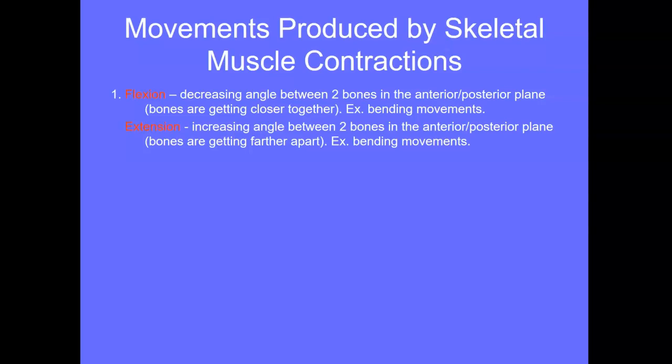So, when you're using your muscles, what types of movements are produced? We did talk about isotonic and isometric contractions, but these are more detailed descriptions of what's happening between two bones as you're moving. There's flexion, where you have a decrease in angle between two bones. Extension is increasing the angle between two bones.